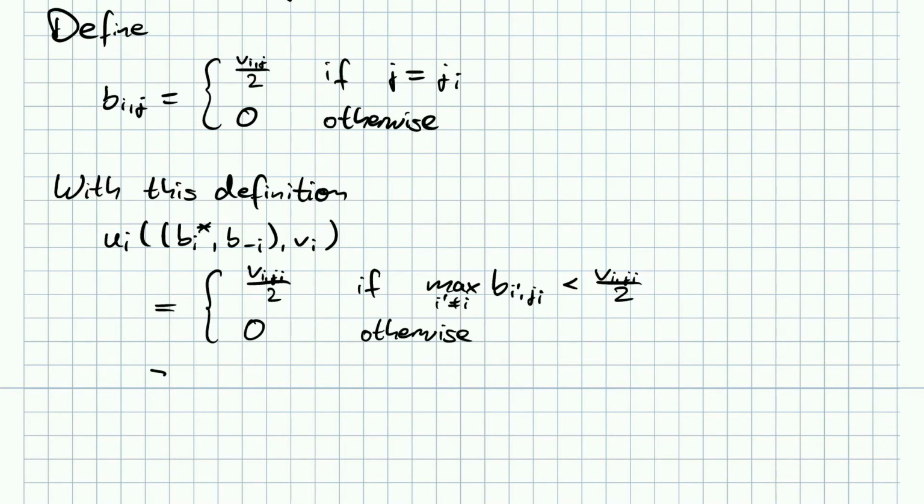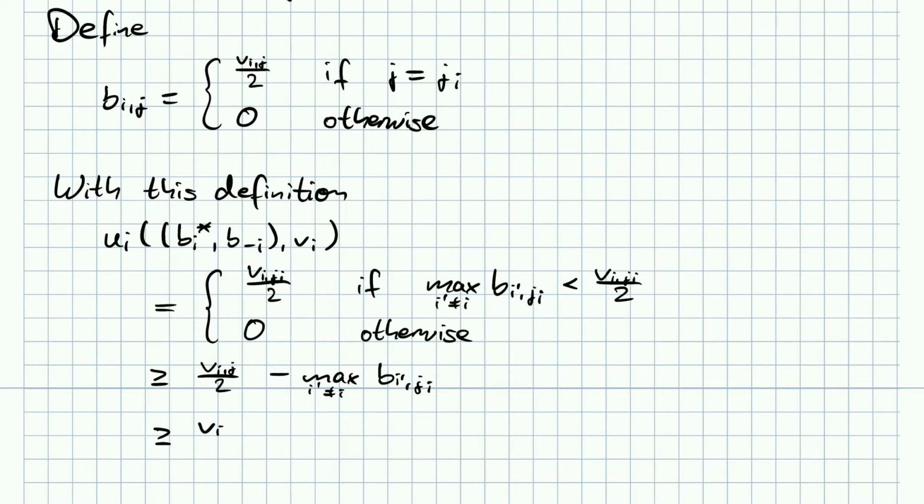And what you can see here is that regardless of what is happening now, this will be at least vi over 2 minus the maximum of bi prime comma ji. Good.